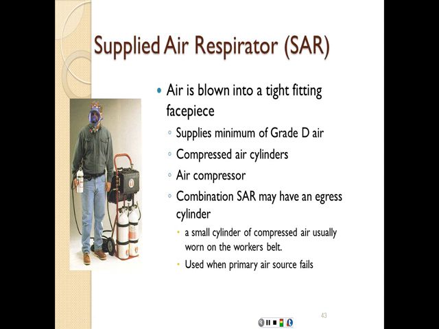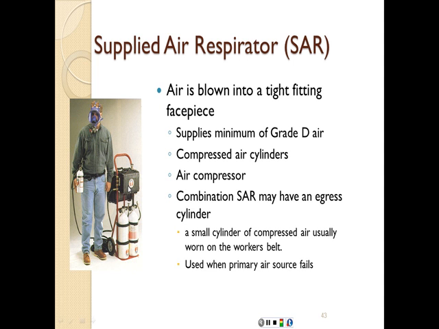The third type is a supplied air respirator. In this case, it's not enough to purify the air, so we're going to supply clean air for respiration. Air is blown into a tight-fitting face piece, supplies minimum of grade D air, compressed air cylinders, and is going to have an air compressor.